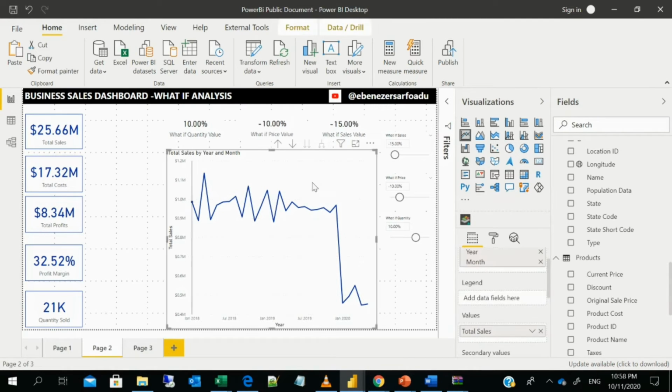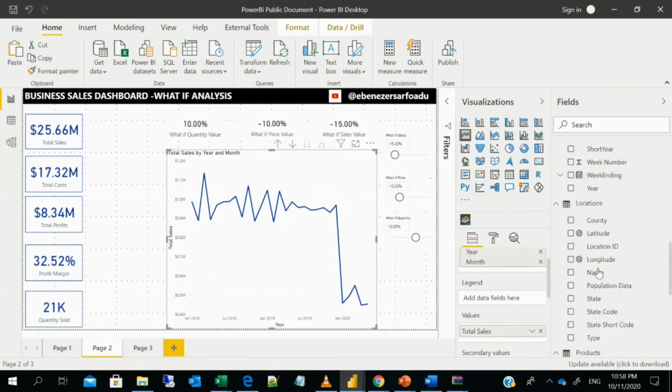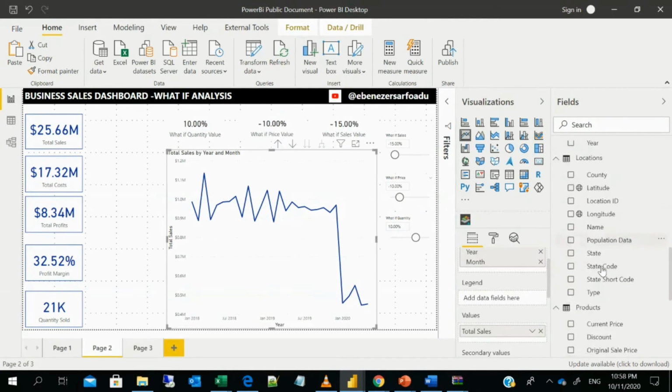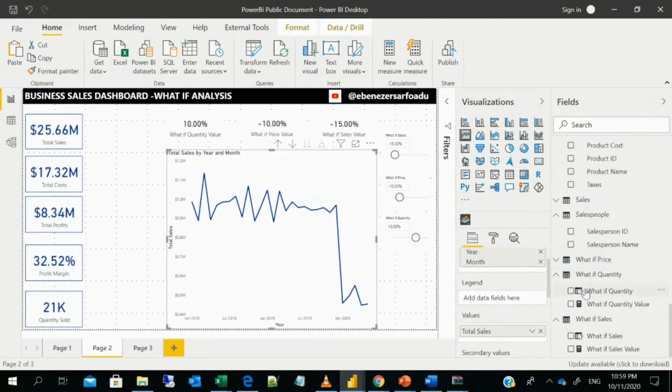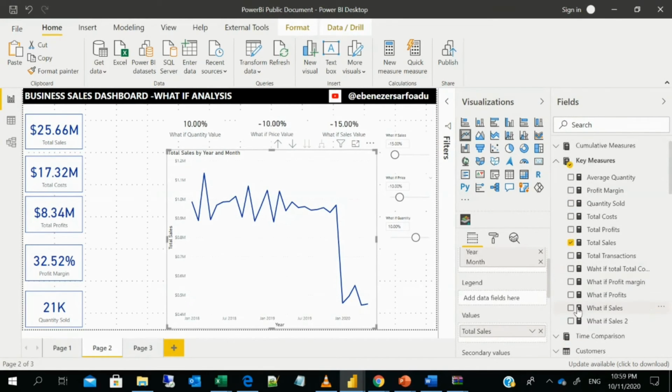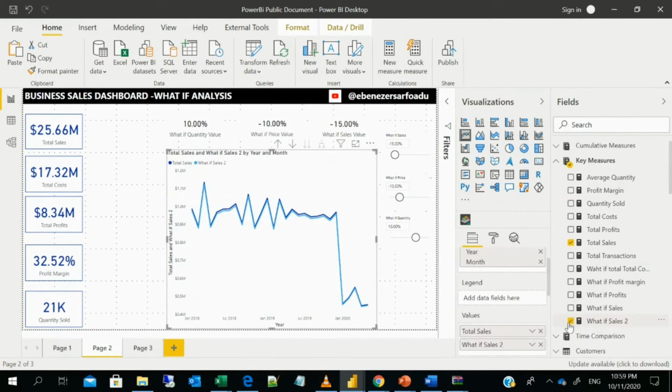And this is the case of when nothing has been changed. There's no what if scenario. The what if scenario is what our sales is actually happening. So now I'll bring in the what if sales. So now let's look at what if sales. So what if sales too?